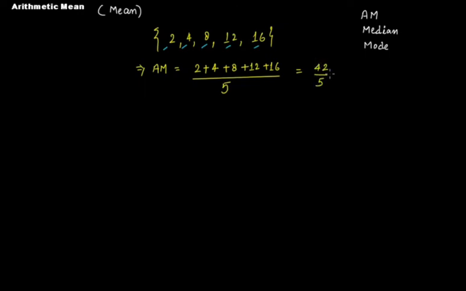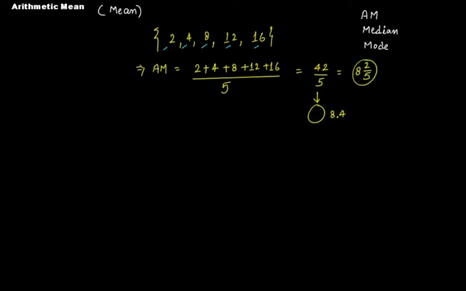Now you can simplify this and write it in the form of a decimal number, or you can represent 42 over 5 as a mixed number, which is 8 and 2 over 5. In decimal form, it will be 8.4.